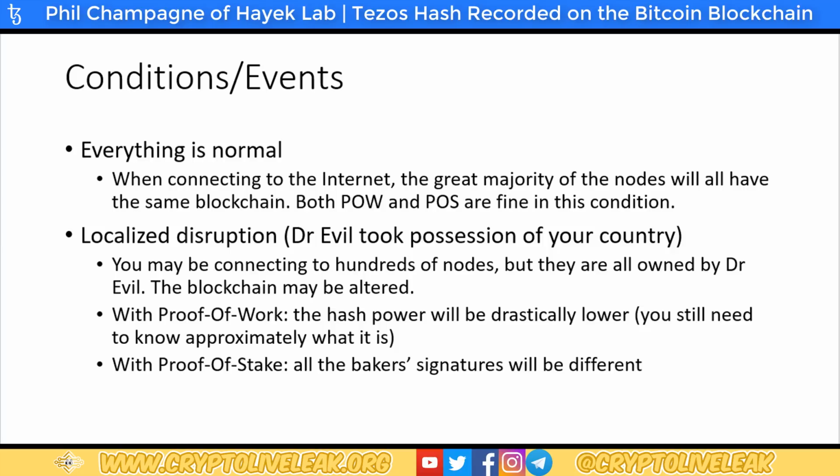The majority of our time, 99.99%, will be in normal conditions, where the internet is working for everyone and the great majority of nodes all have the same blockchain. In this case, both proof of work and proof of stake find these conditions where people are just connecting, downloading the blockchain, and they're all getting the same thing.